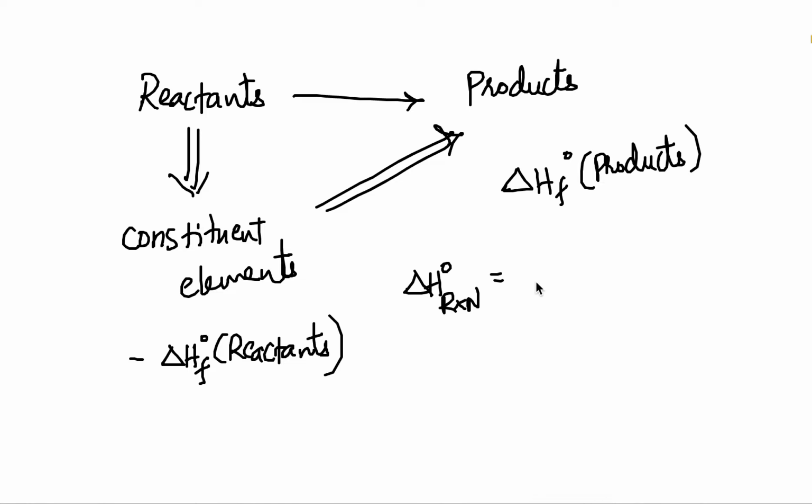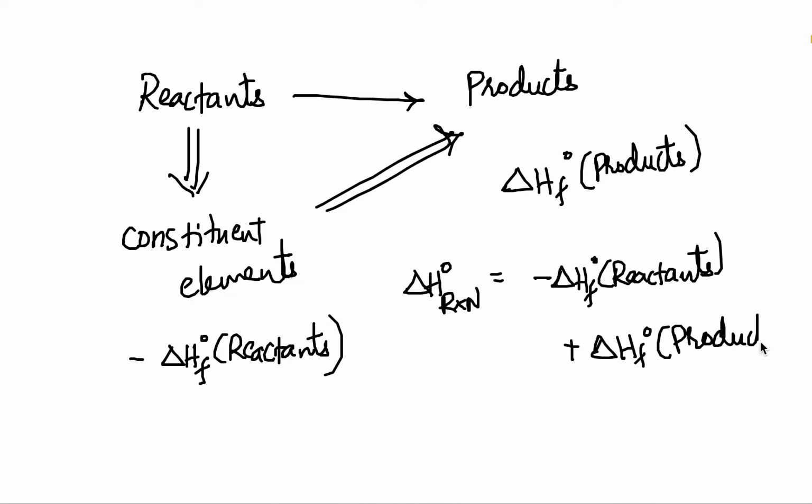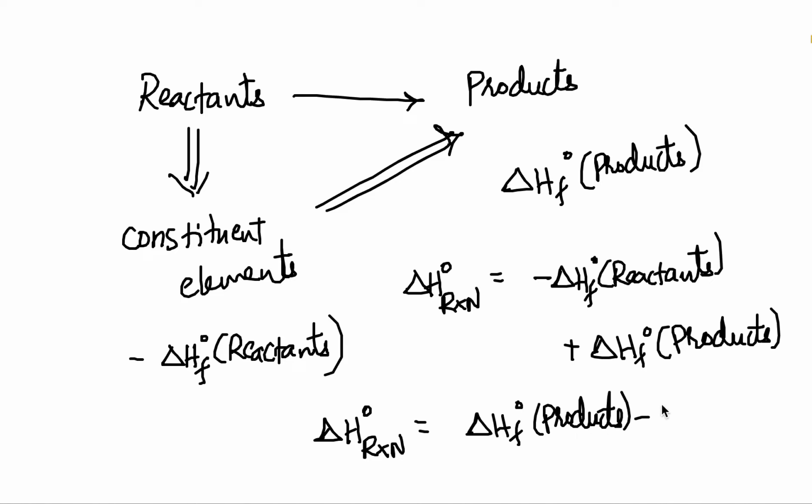That is, delta HF naught of reactants, negative because it is the reverse of formation, plus delta HF naught of products. If we properly organize, we end up with delta H naught reaction is delta HF naught products minus delta HF naught reactants.